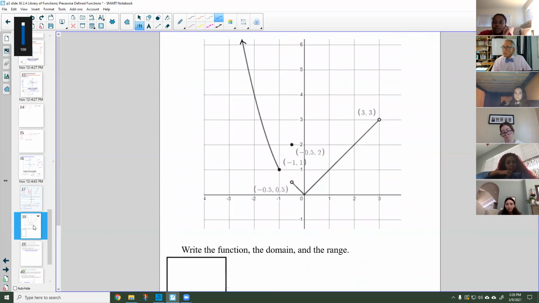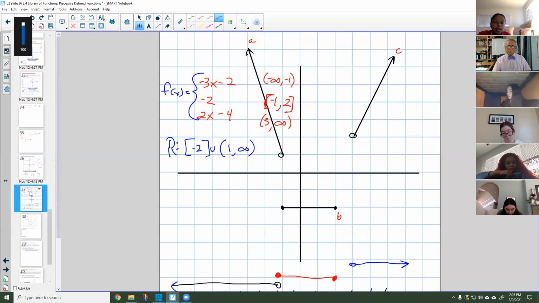Mr. Jenkins, I have a question about the range for the last one. I understand the first part being -2, but can you explain the second one, the 1 infinity? Yes. I'm looking at this part of the graph. What's my lowest y value? -1?